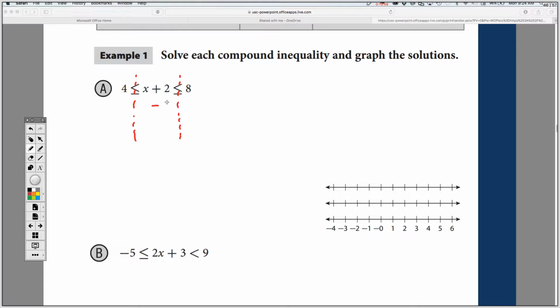So we're going to subtract 2 because we want to move that. But you have to do it to all three sides. What is 4 minus 2? 2. 2 is less than or equal to x, which is less than or equal to, what's 8 minus 2? 6. Now I'm just going to write it again, but to make it look nice because of the wall.